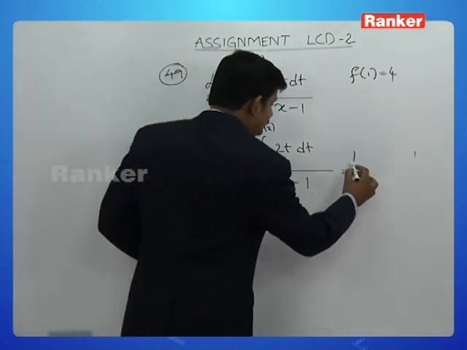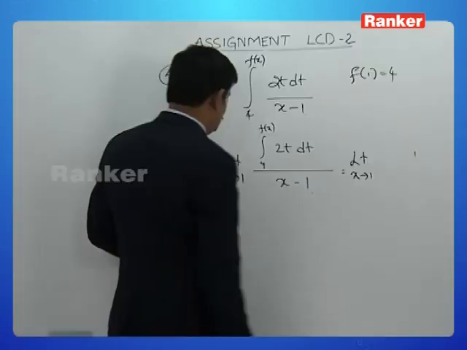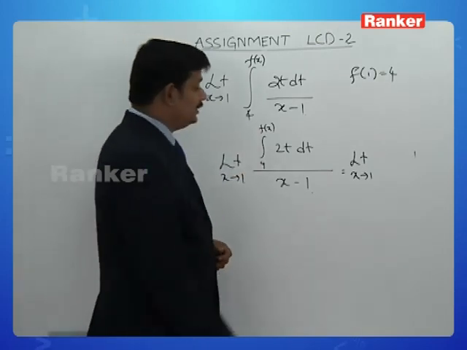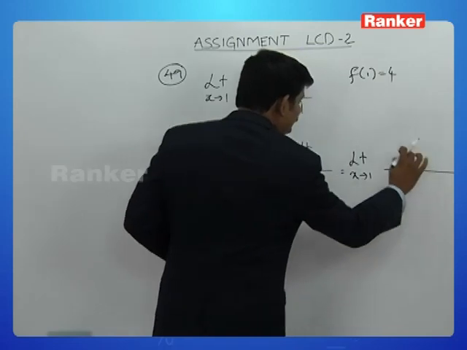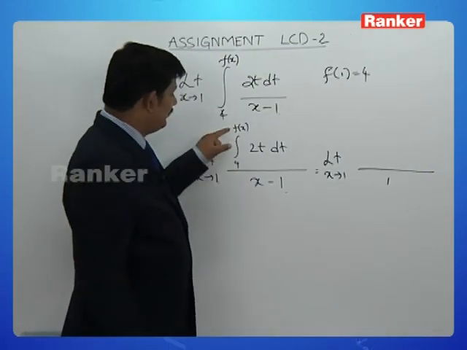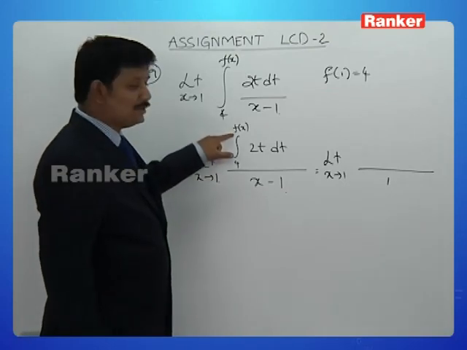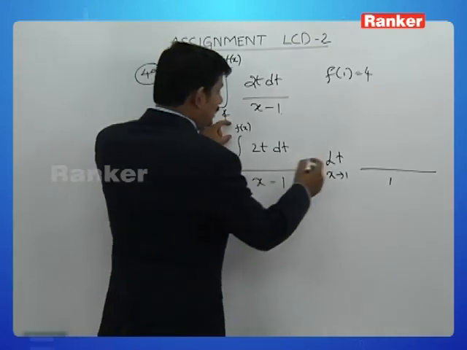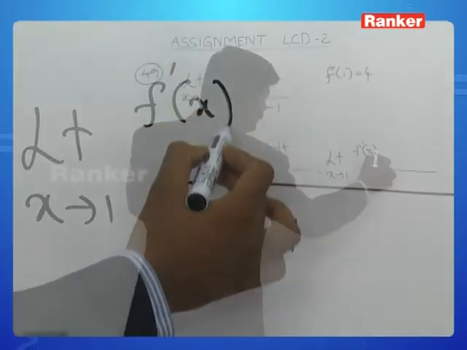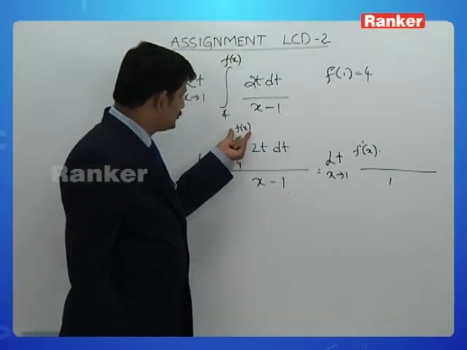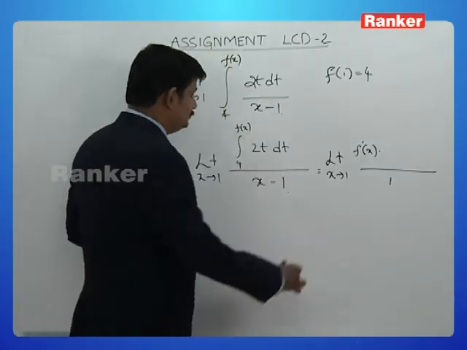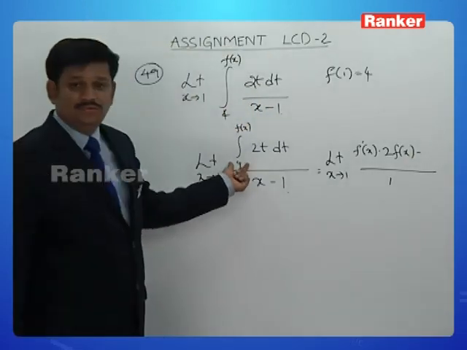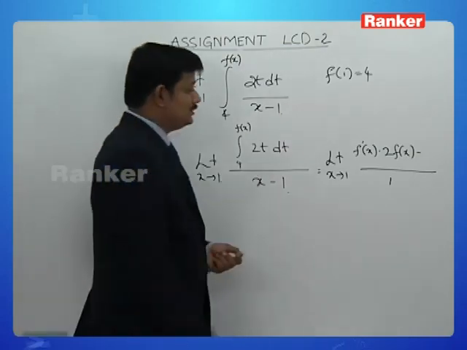L'Hospital rule says that this limit is equal to the limit as x tends to 1 of the derivative of the numerator divided by the derivative of the denominator. The derivative of the denominator is 1, and to find the derivative of the numerator, let us use the Newton-Leibniz theorem, which says the derivative of a definite integral is the derivative of the upper limit, f dash of x, into the integrand with the upper limit substituted in place of t, 2f of x, minus the derivative of the lower limit, 0, into whatever, which is 0.